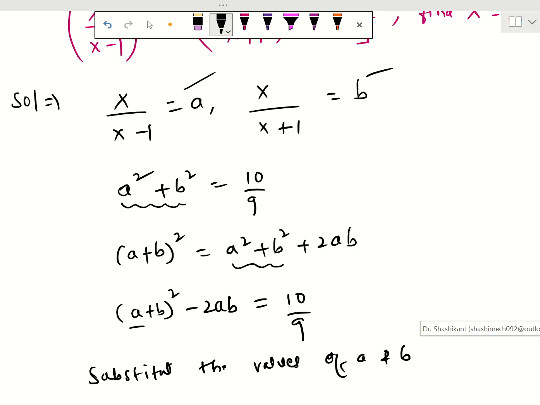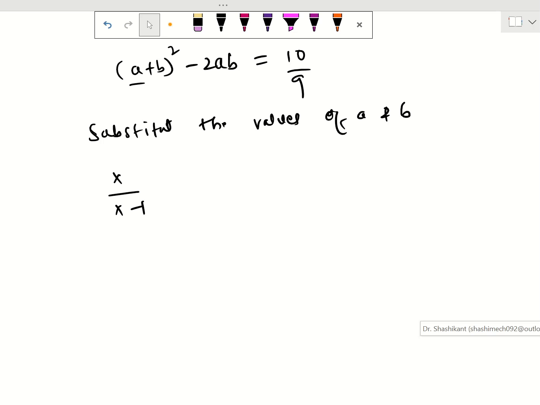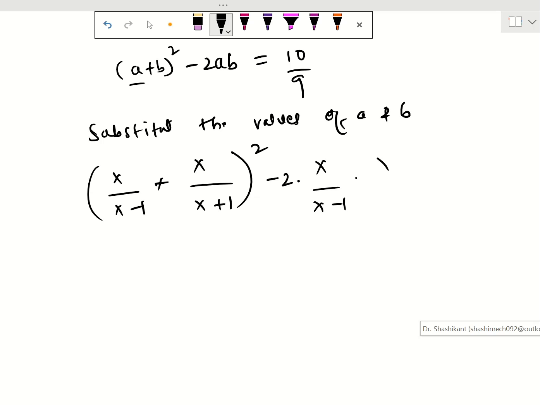So substituting the values of a and b, a plus b, where b is x over x plus 1, whole square I am writing, minus 2 into ab. So the ab value is x over x minus 1 into x over x plus 1, is equal to 10 by 9.